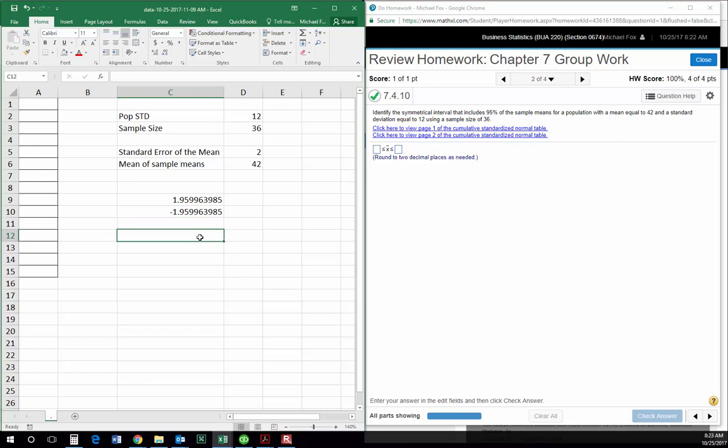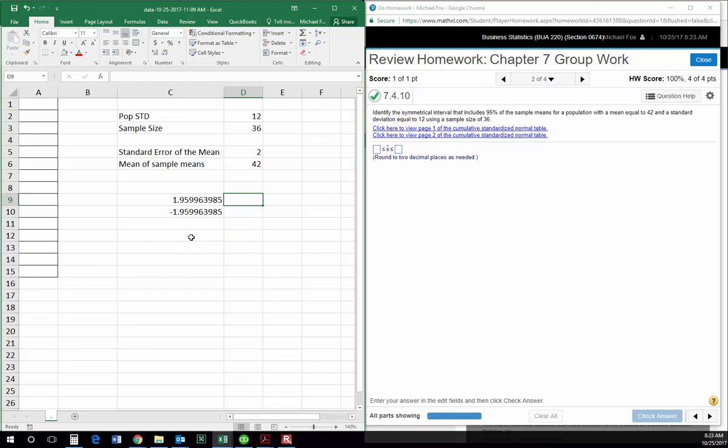It's pretty hard for me to show this on Excel. In essence, we're just solving for this. So if I solve for a z of 1.96, let me just do the math.